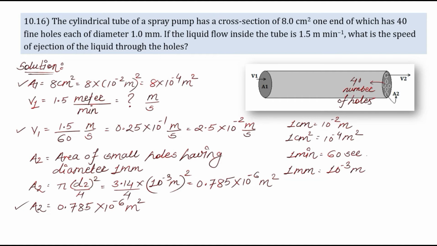For that purpose, we will multiply A2 by 40, that is 40 into 0.785 into 10 raised to minus 6 meter square, and the answer is 31.4 into 10 raised to minus 6 meter square. This quantity is what we use in the equation of continuity.